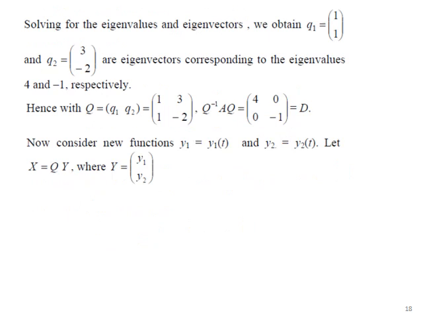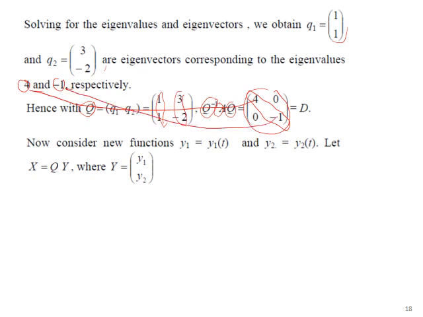Next I will solve A to find the eigenvalues, then the eigenvectors. I got the eigenvectors q1 and q2 for the eigenvalues 4 and minus 1. Now I will construct them. This is the first column and the second column to represent Q, where Q inverse times A times Q will give me D, the diagonal matrix which contains 4 and minus 1, the eigenvalues, as explained before.